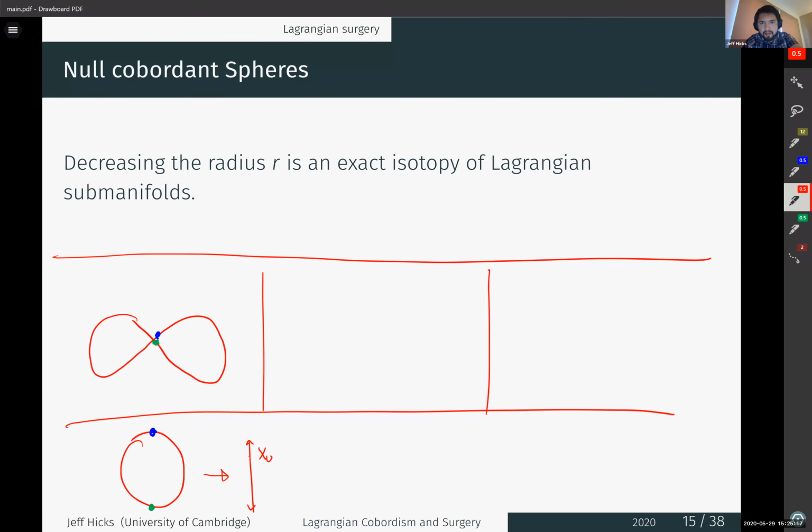And if I take the exact isotopy generated by this Hamiltonian, you see that it flows the Lagrangian in an inward direction. After applying a little bit of the flow, my Whitney sphere becomes smaller, and if I cleverly control the rate of this flow, it eventually disappears. So this is the first type of surgery that we could consider, which is the surgery which takes a sphere and removes it.